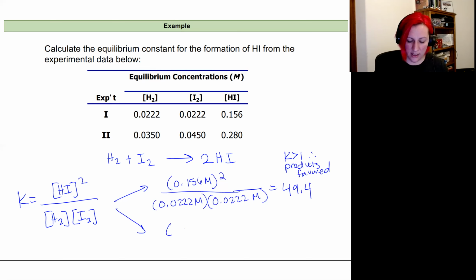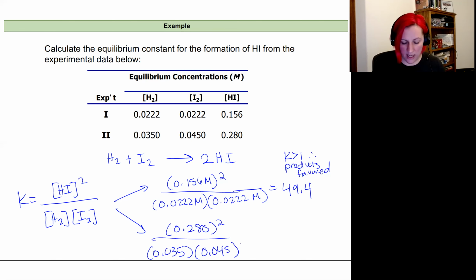So I've got a concentration of 0.280 squared divided by 0.035 times 0.045. It's good to point out that you won't always have the exact same concentration of both of your reactants. It really depends on how you start this reaction, their initial amounts, and where they're going to end up at equilibrium.